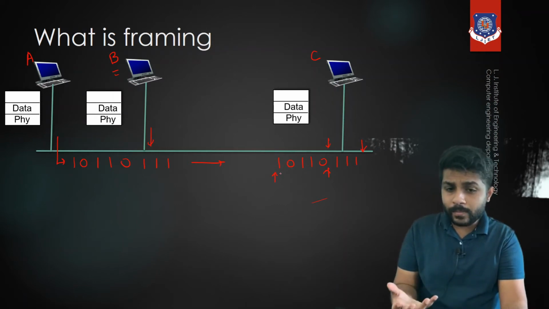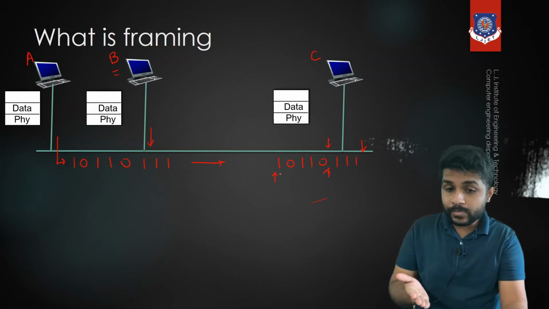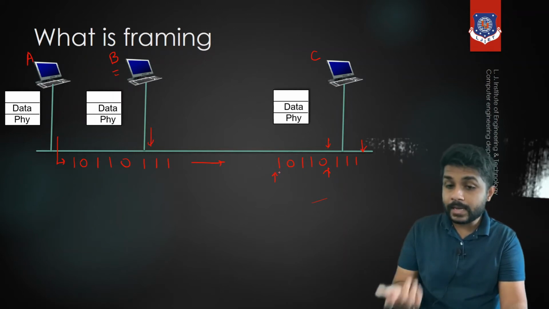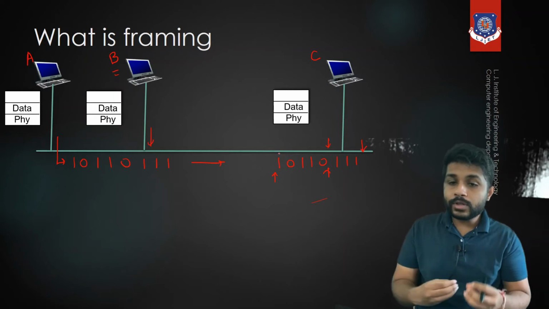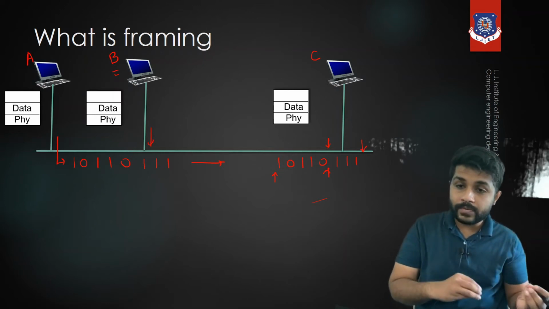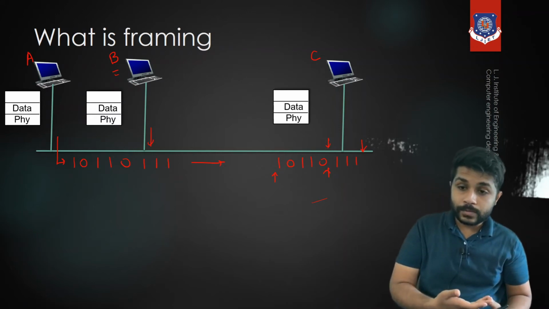C should know that from this point it has to start receiving the data sent by B, and from this point it has to start receiving data sent by A. So you can clearly see that if two or more devices are sending data to a particular device, the receiver gets confused.